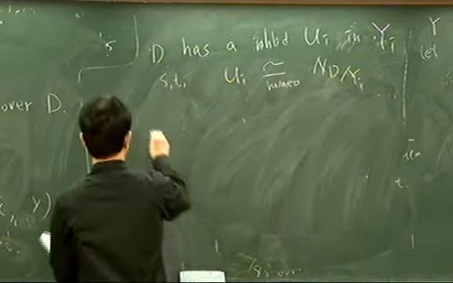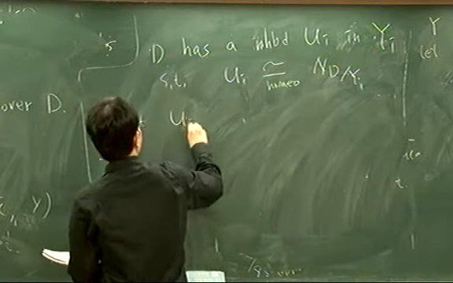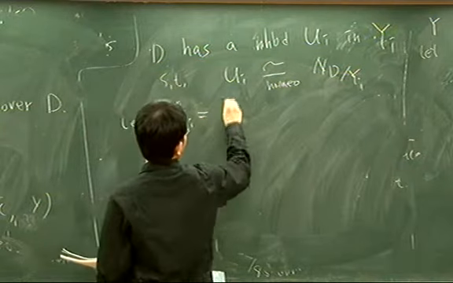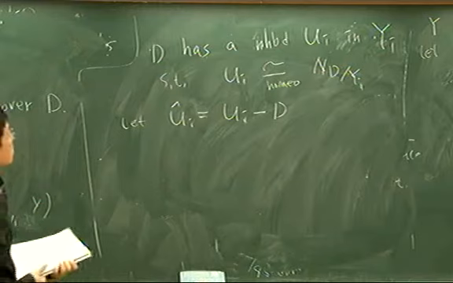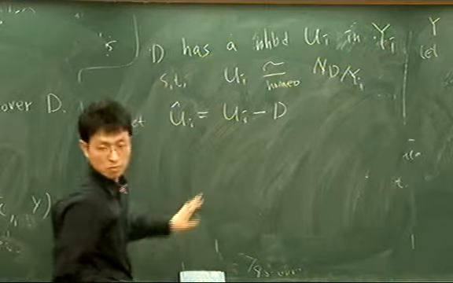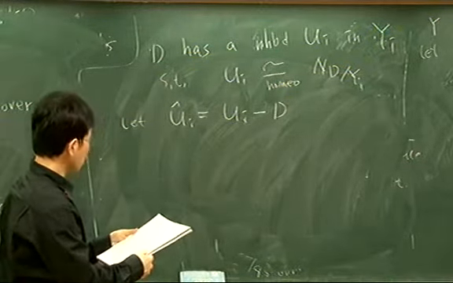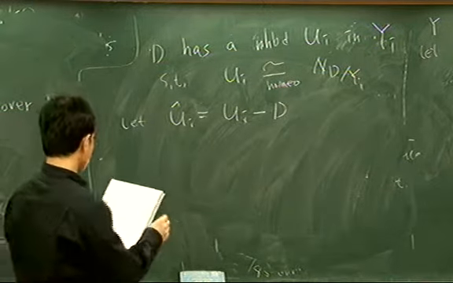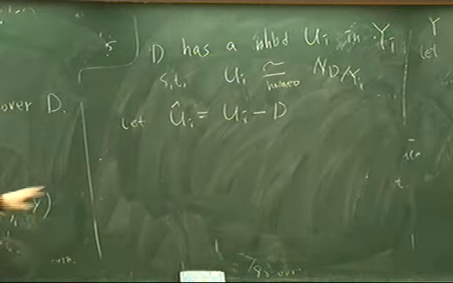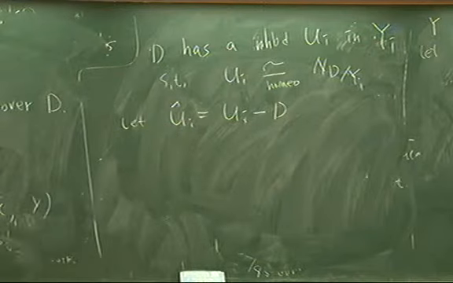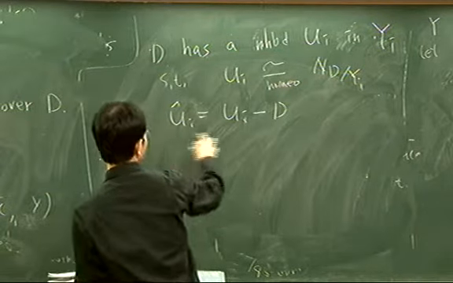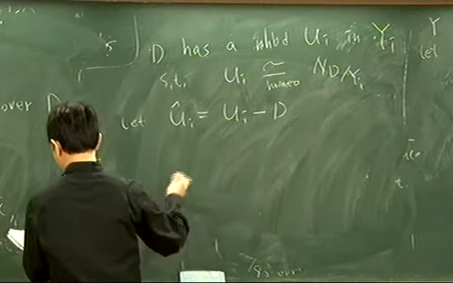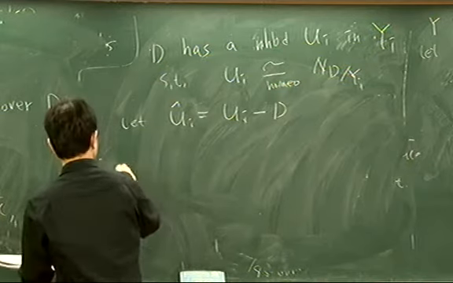So let Ui hat be Ui minus D. Because this is a neighborhood, you can subtract this one. Now it's like this one. So here this map corresponds to N hat, topologically. And then you have a map pi, so you have a map U1 hat to U2 hat. With that one, we can make some topological construction.